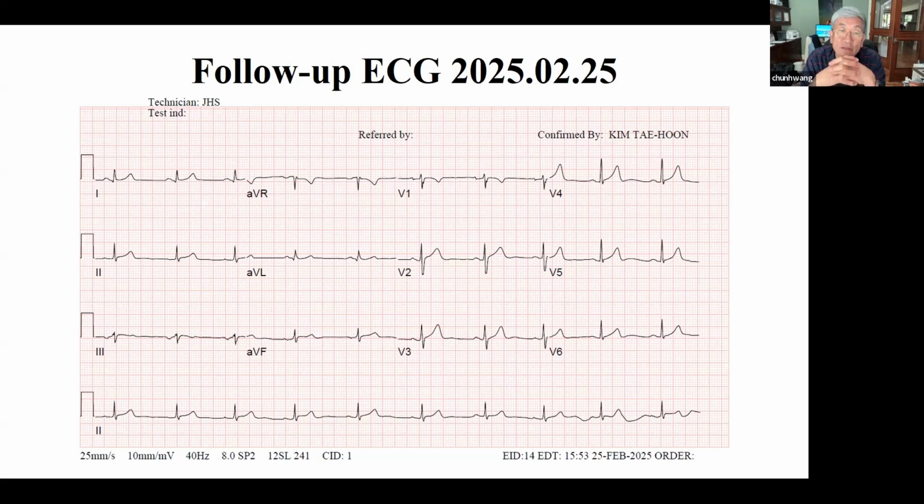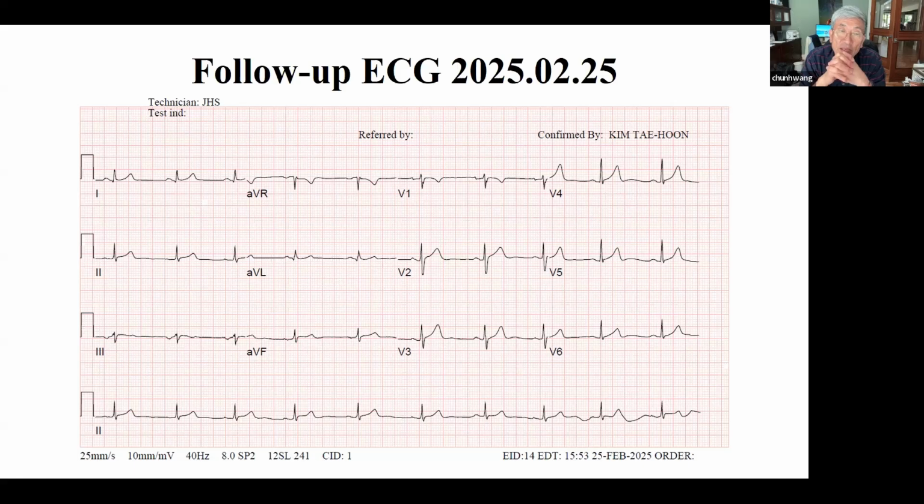One is that there's only one superior vena cava, a persistent left-sided one, without the normal right-sided superior vena cava. All the upper extremity drains into that abnormal superior vena cava. It's called type 1.